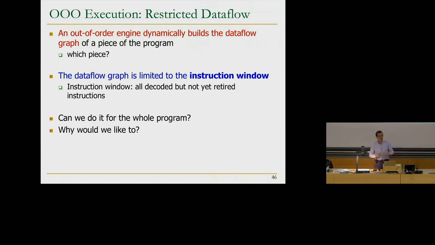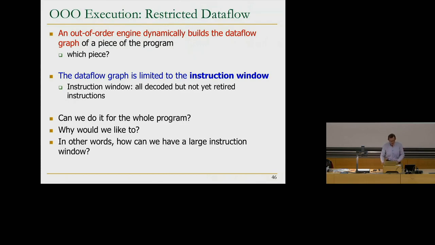If you actually have a lot of latency between instructions, for example, if a load instruction takes 1,000 cycles, then if you want to keep fetching and keep executing instructions, you should have at least 1,000 entries in your reorder buffer. Because the load at some point is going to be the oldest instruction, it's going to wait for 1,000 cycles. If you don't have enough entries in your instruction window, then you will not be able to decode instructions. You will need to stall the machine. That's why you would like to make it bigger.